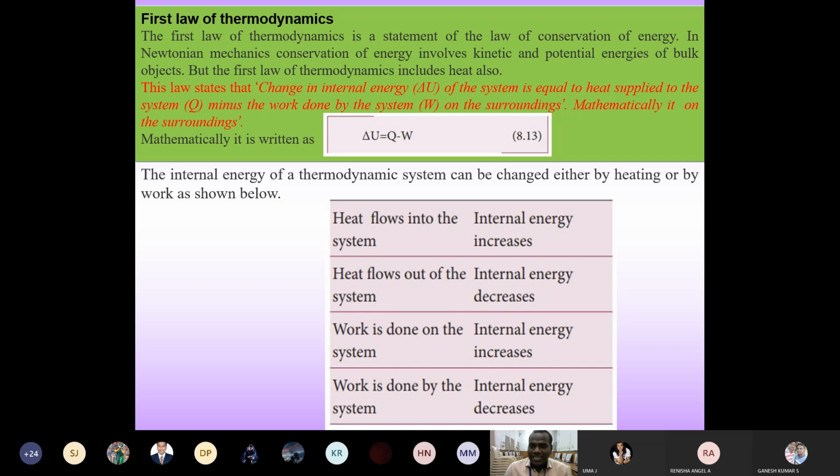Also, we can rewrite the equation as delta E equal to plus or minus Q plus or minus W. If heat is supplied to the system, Q is a positive value. If heat is rejected from the system, Q is negative. Also, we can have plus or minus W.